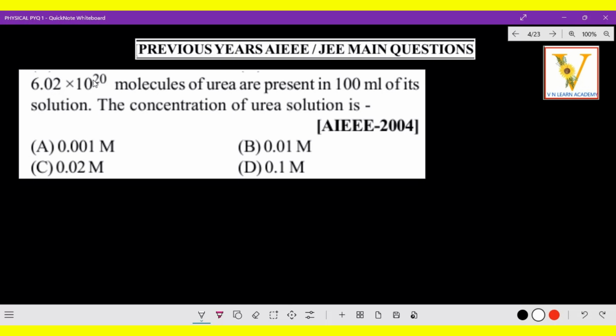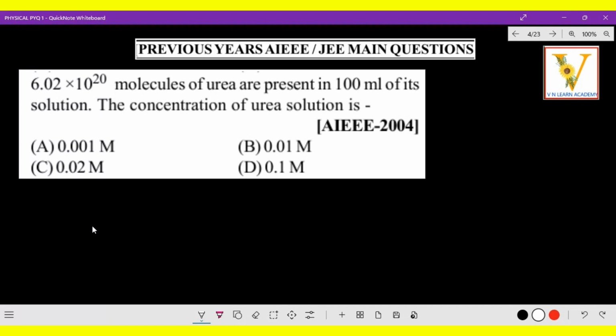6.02 into 10 to the power of 20 molecules of urea are present in 100 ml of its solution. The concentration of urea is? Actually, this is very simple. Here also we have to identify the number of moles of urea first, because we have to identify the concentration, that is molarity. That is another two steps we have to follow.